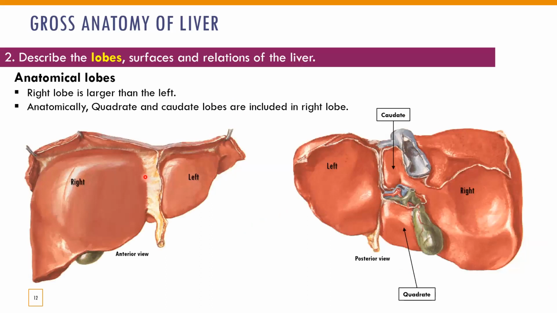Because of this division, the right lobe is larger than the left. Anatomically, this is the caudate lobe, and this is the quadrate lobe. Because of this anatomical division, the caudate and the quadrate lobes are included in the right lobe of the liver.